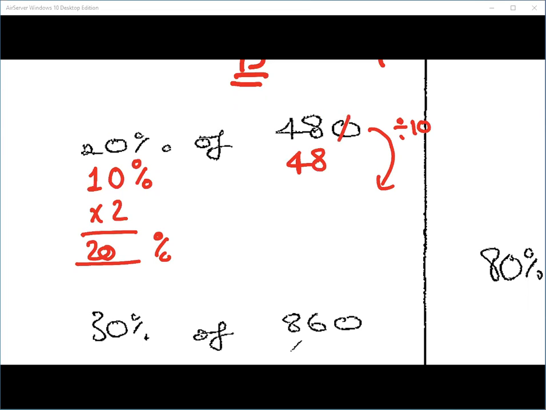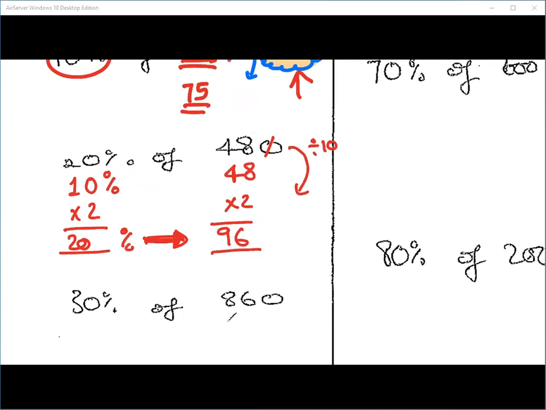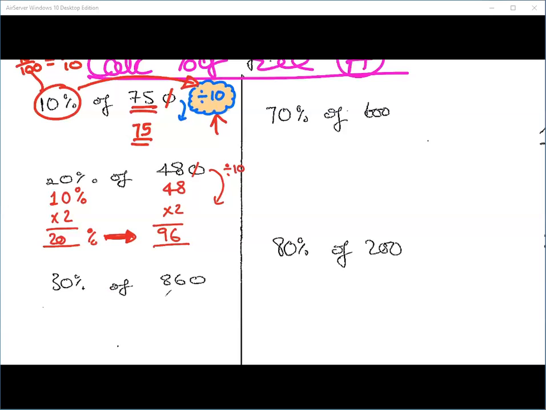That's 10%, and then we double it, and that gives us 96. So we're working out 20% by first starting from 10%, because 20% is a multiple of 10.